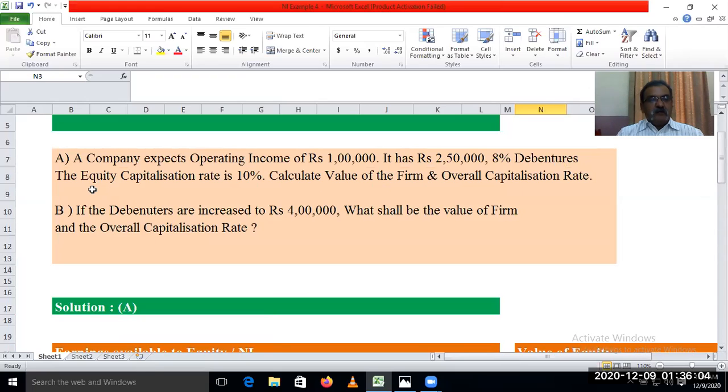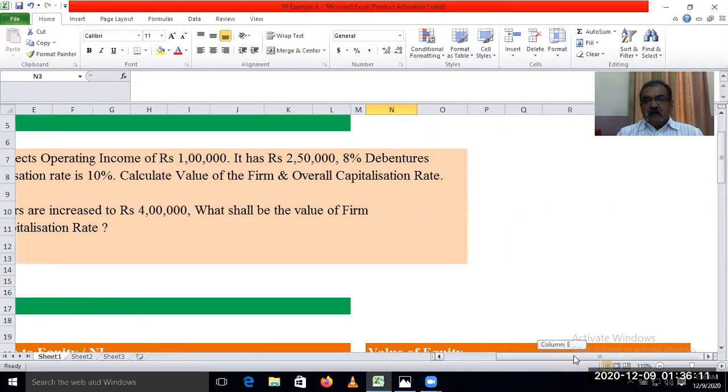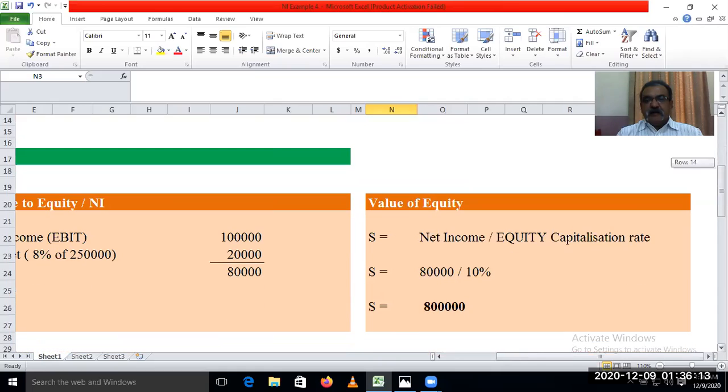Once again we can check out. The equity capitalization rate is 10%. So net income divided by equity capitalization rate. Net income is rupees 80,000, equity capitalization rate is 10%. So value of equity is equal to 8 lakhs. So here we have got the value of equity. Again, I will repeat it.